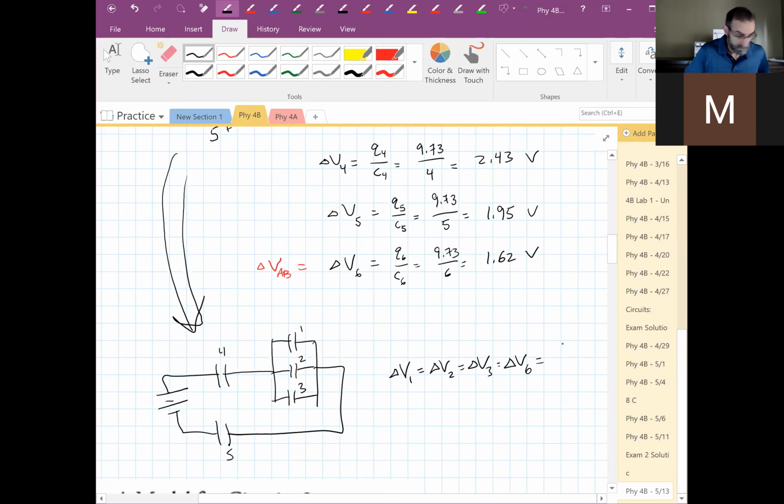And what is it? 1.62. And if we know C and we know delta V, we can find Q on every one of these capacitors. And they're all going to be different. But what do we know about them? They're going to add up to be whatever was on Q equivalent. So 9.73.